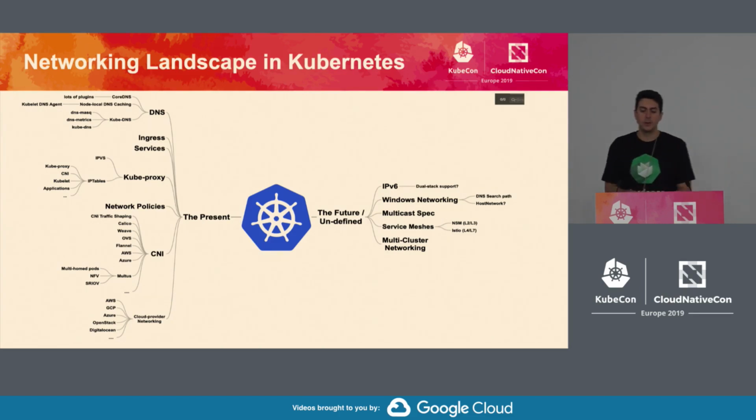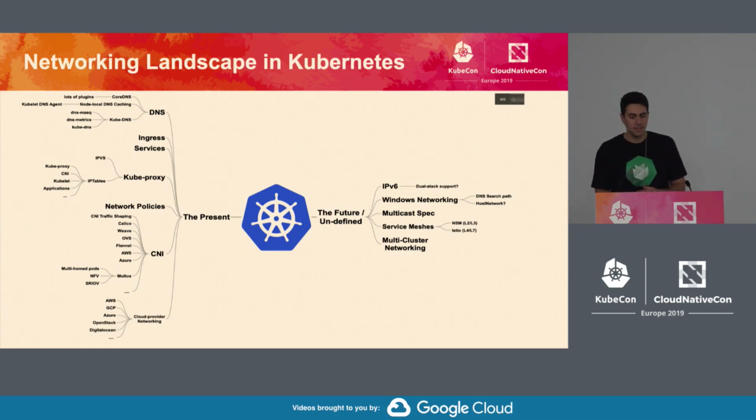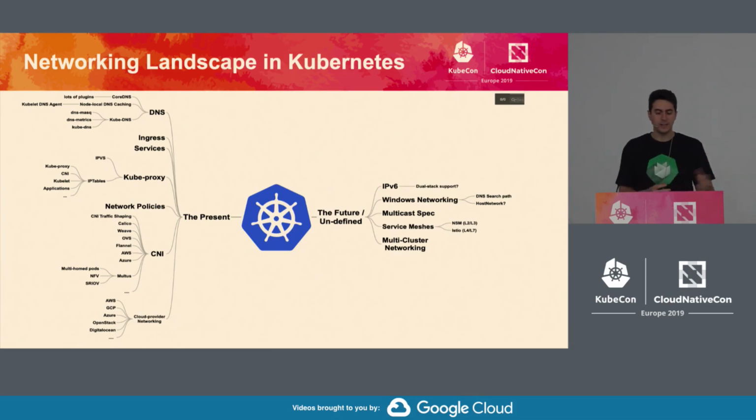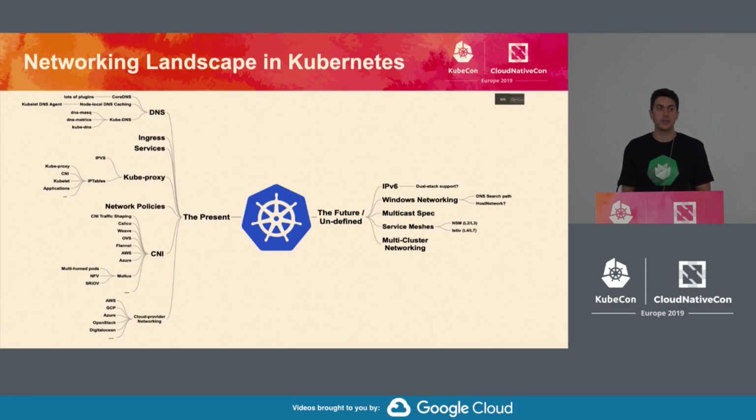So what's happening? The network landscape of Kubernetes is quite complex. There are so many things happening, so many puzzle pieces. There's DNS, CoreDNS with lots of plugins, the Kubernetes plugin, cache, kubedns with dnsmasq, DNS metrics, and node local caching, agent debugging.